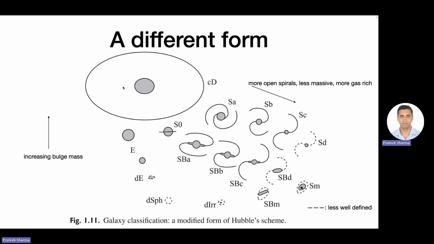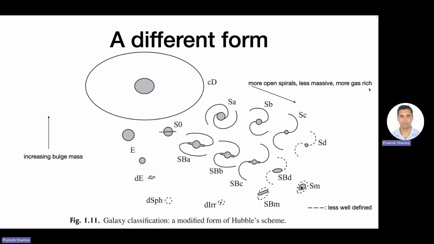Here, this is that S0 galaxy, the disk plus bulge system, which is the biggest. The arrangement is increasing bulge mass, and towards the right you have more open spirals, like the spiral arms become more and more open rather than being tight. These systems are more gas rich.